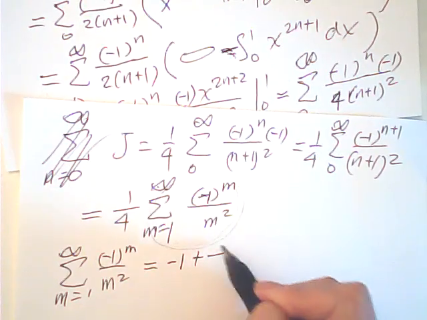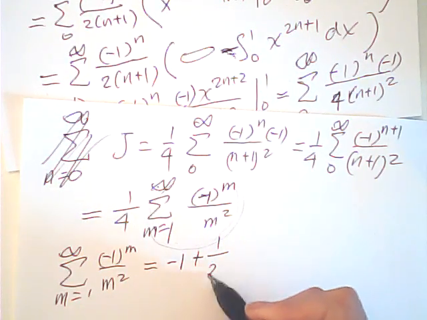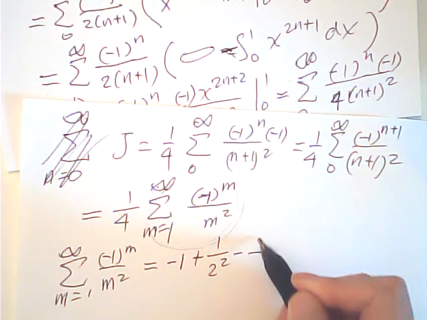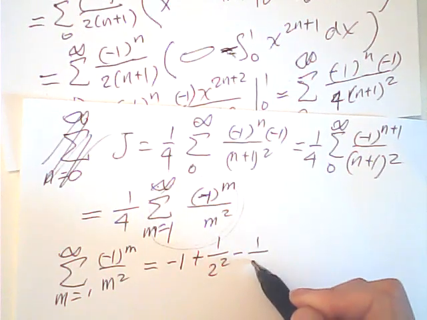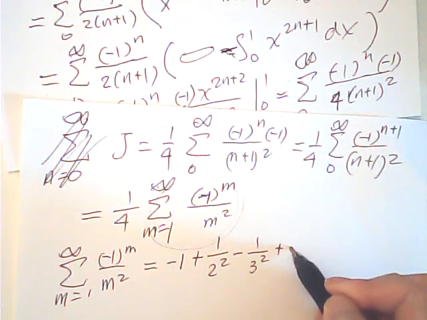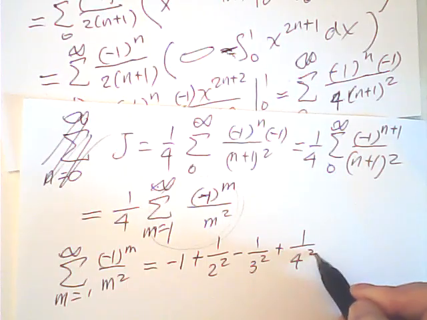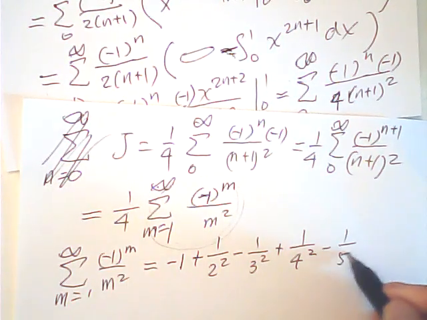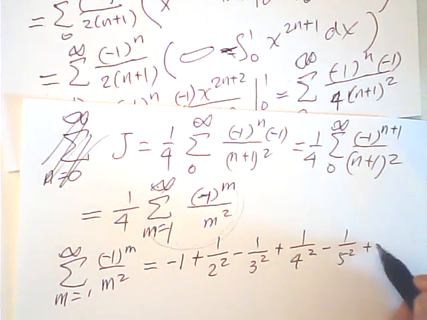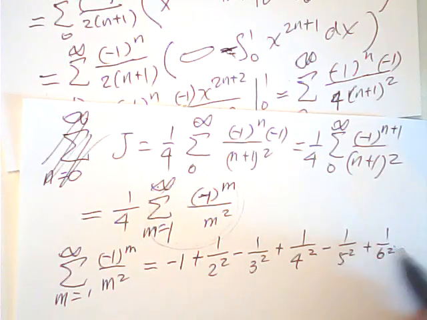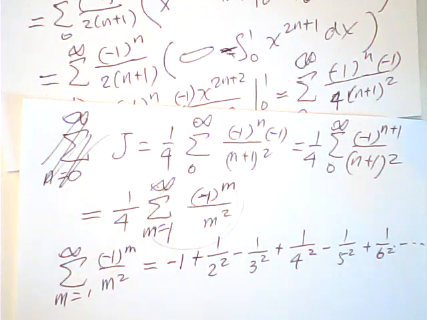Then plus 1 over 2 square, then minus 3 square plus 4 square minus 5 square and plus 6 square and so on.